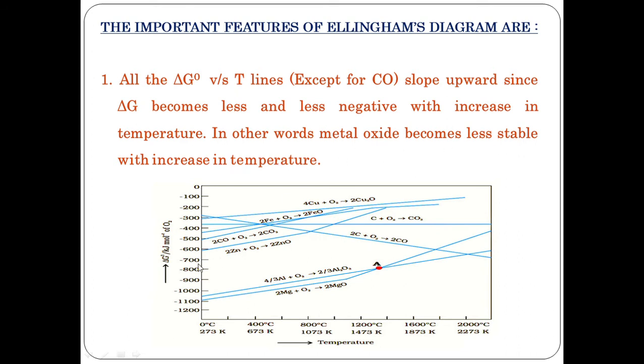We already know that when the delta G value is more negative, the metal oxide is more stable. When it is less negative, it becomes less stable. So generally, with increase in temperature, metal oxides become less stable. That is the first point.